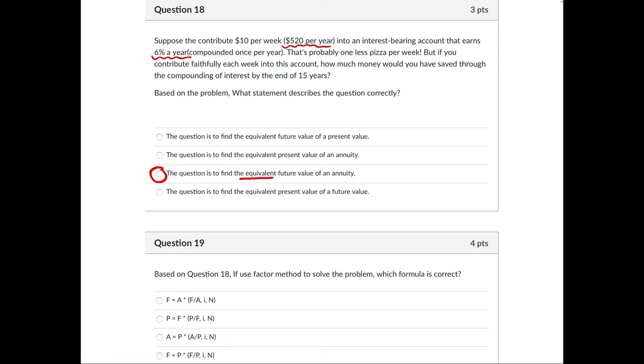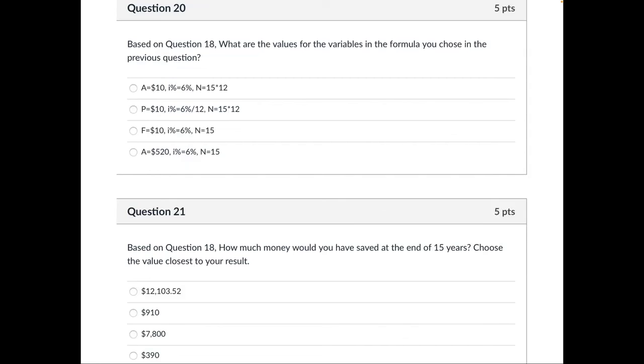Okay, future value of an annuity. Based on this problem, if you use the factor method to solve the problem, which formula is correct? So for the factor method, you're looking for future value, and given annuities, this is the formula.